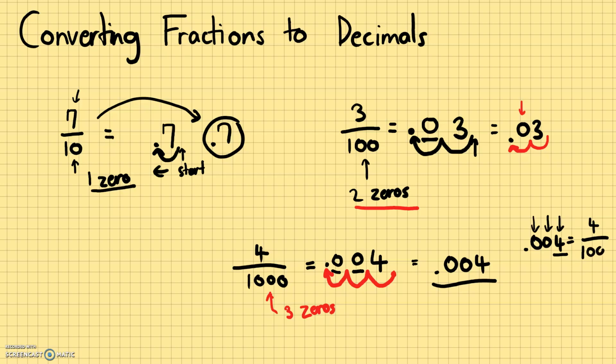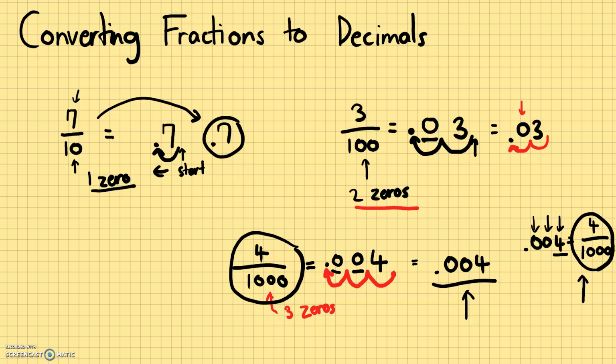So you have to put 3 zeros here. And check, is this the same fraction that you had in the beginning? In this case, it is. So this is how you can check whether you've done your work correctly, by converting it back to a fraction and seeing if you get the same fraction you had in the beginning.